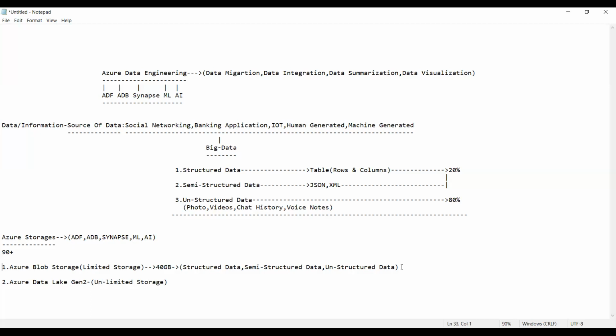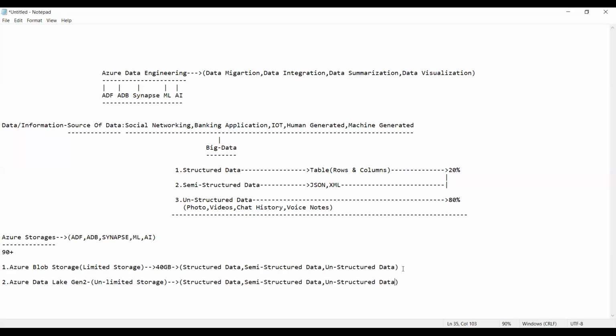This is called unlimited storage, guys. Azure Data Lake Storage Gen 2 is unlimited storage where we can again store structured data, semi-structured data, or unstructured data. Any kind of data we can store in Azure Data Lake Gen 2.